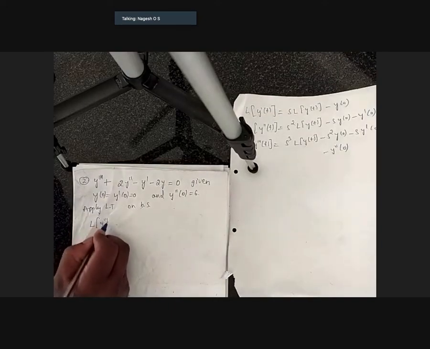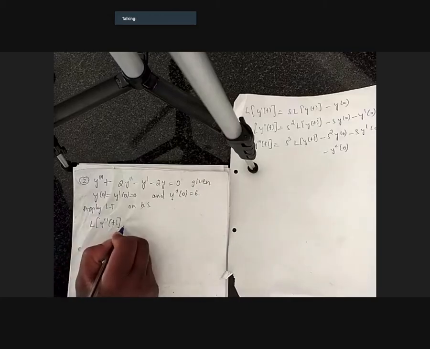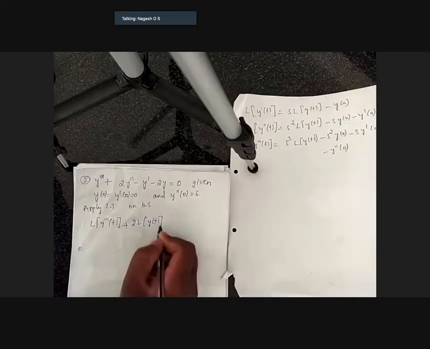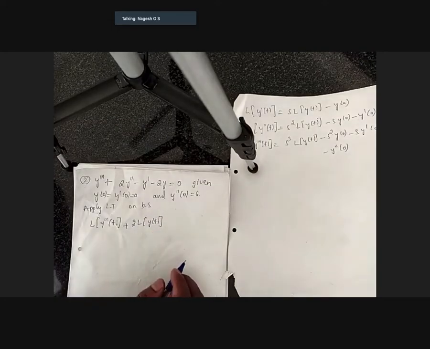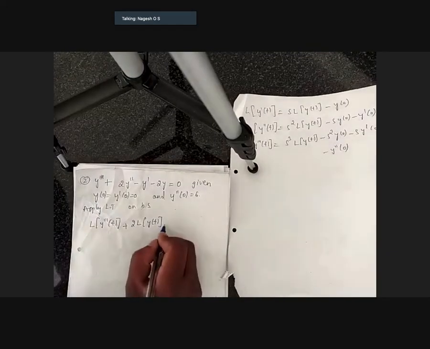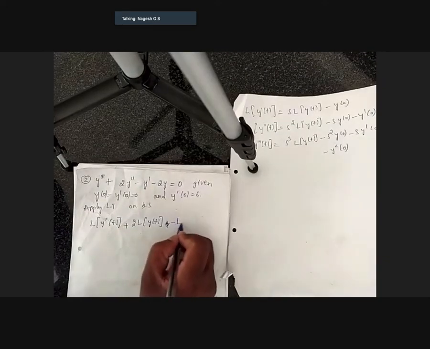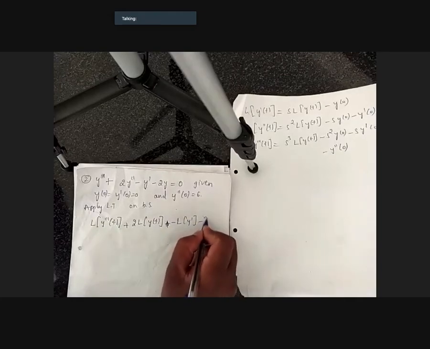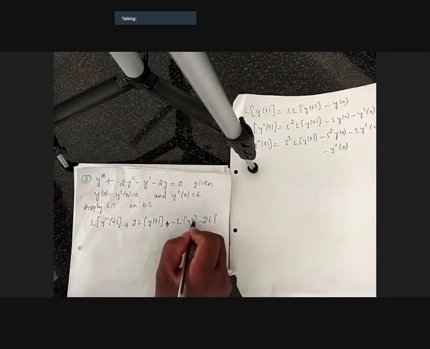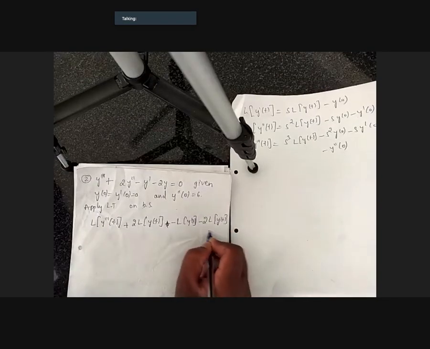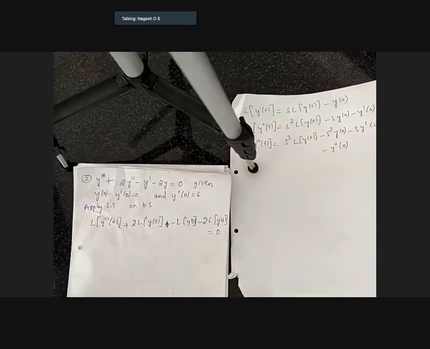L of y triple dash of t plus 2 L of y double dash of t minus L of y dash of t minus 2 L of y of t is equal to Laplace transform of 0, which is 0.